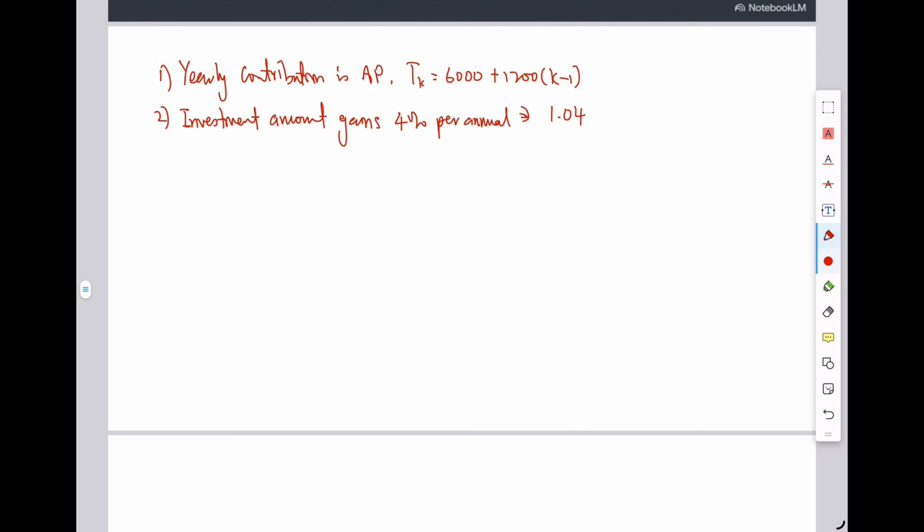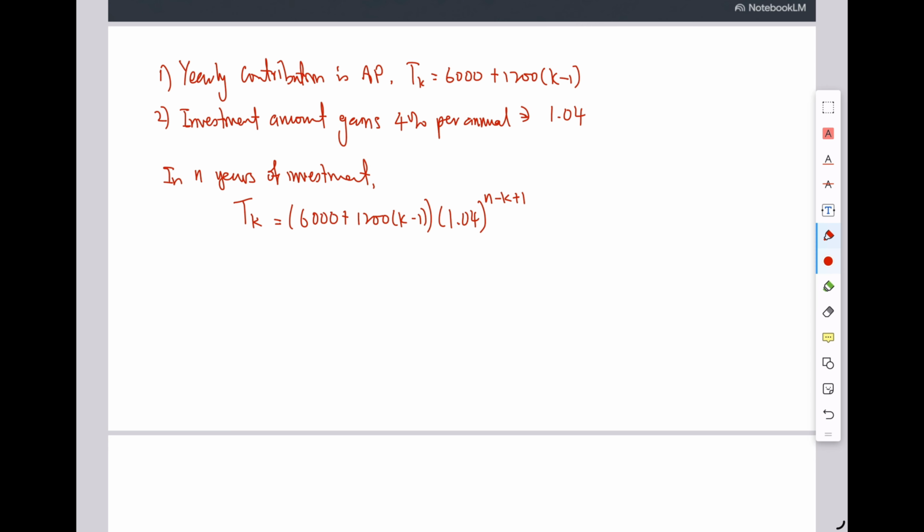So in n years of investment, a particular year together with my contribution and its interest earned, my general term Tk actually becomes this: (K minus 1) times the interest. It is going to earn n minus k plus 1 number of years of interest for this particular term.